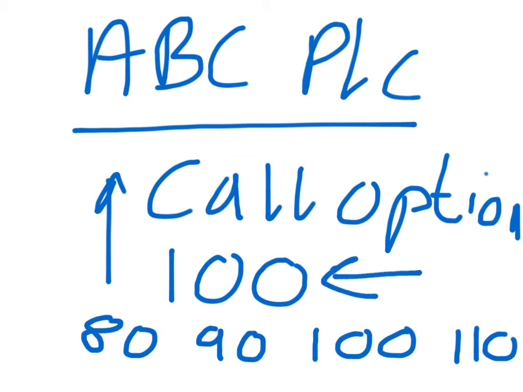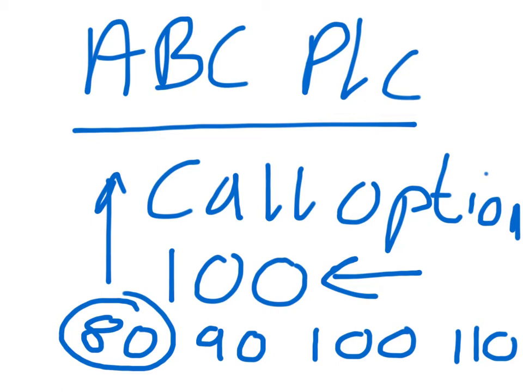So if you're buying a call option, so if you're buying the right to buy the stock at, let's say, 80, the option is already worth 20 because you're buying the right to buy the underlying stock at 80. So if you were to do that, you would instantly have a 20-point profit.